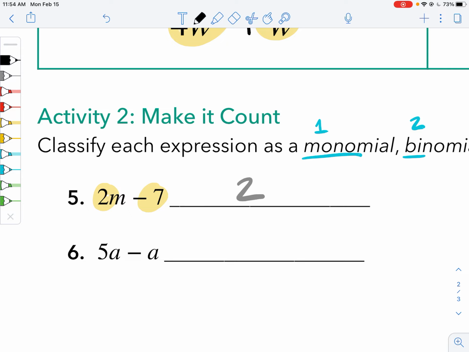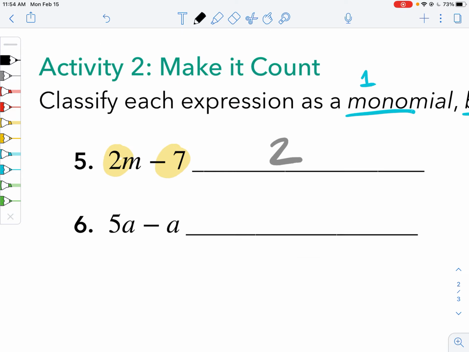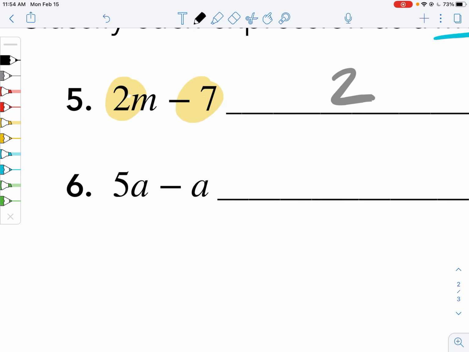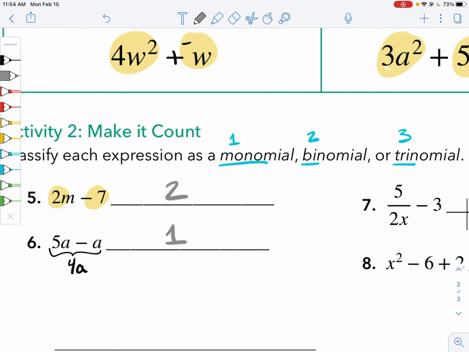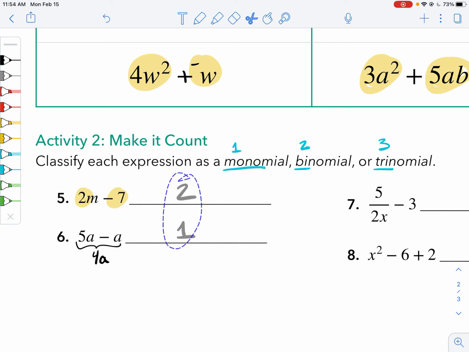Here, this looks like a binomial, right? But it is not. 5a minus a simplifies to 4a. So this actually has just 1 term. Oh, we need to actually say it. My bad. So this is a binomial. This is a monomial.